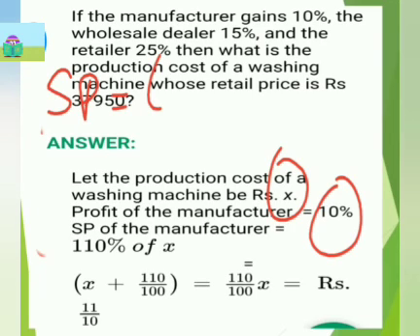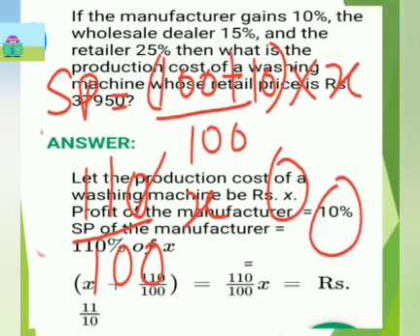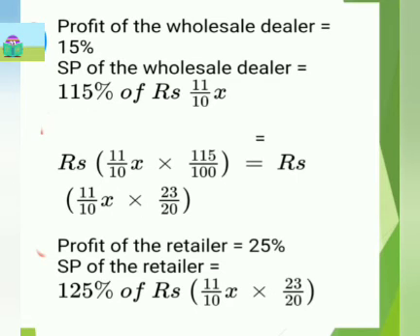We will use the formula (100 plus gain percent, 10%) upon 100, and the cost price we have considered as X. So 110 upon 100 X. We can cancel these zeros. So we are having 11 upon 10 X. This is the selling price of the washing machine for the manufacturer.